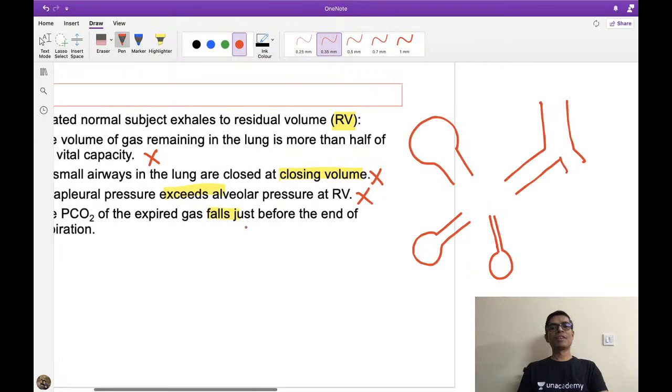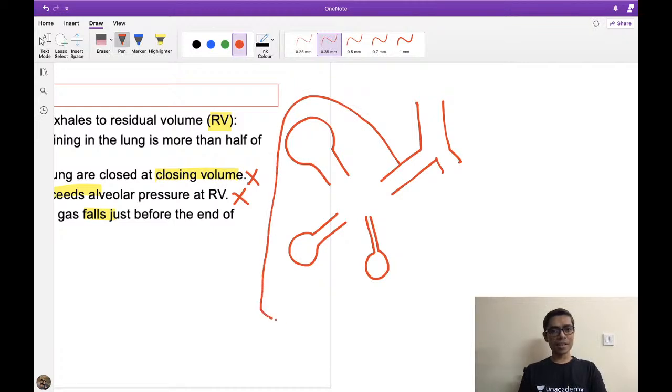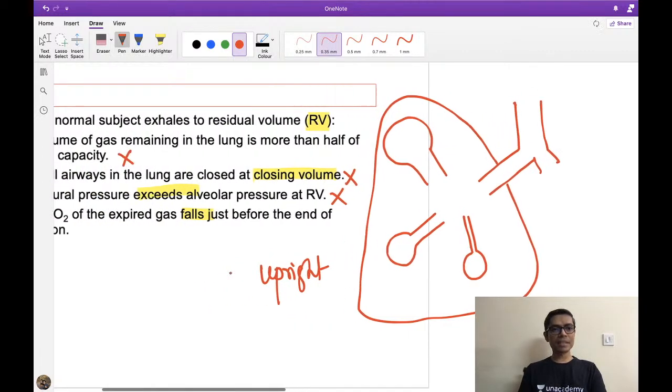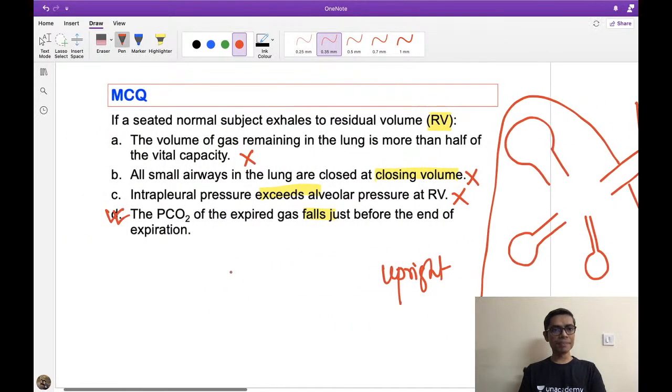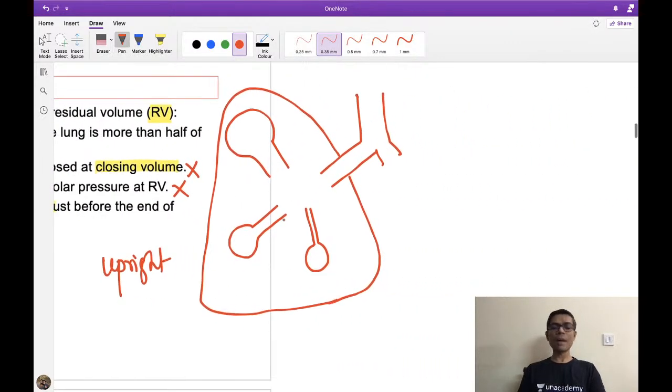So first of all, suppose this is the schematic diagram of the lung I have drawn here. You can easily understand from here that the person is in upright posture, meaning either in the sitting posture or the standing posture.